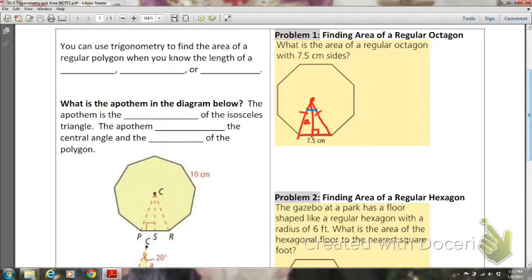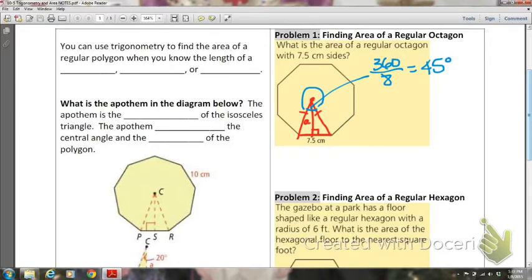Remember, for any polygon, the total number of degrees in the center is like a circle, so it's 360 degrees. So 360 degrees divided by 8, because we have 8 of these triangles inside this octagon, is going to be 45 degrees. So that central angle is 45 degrees.